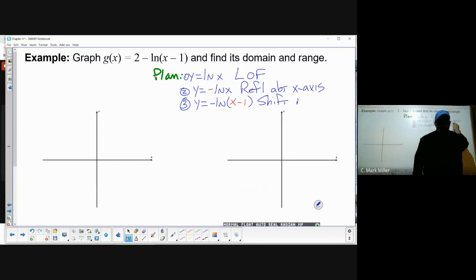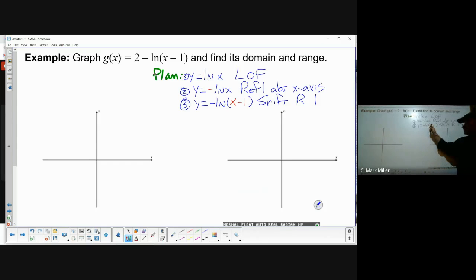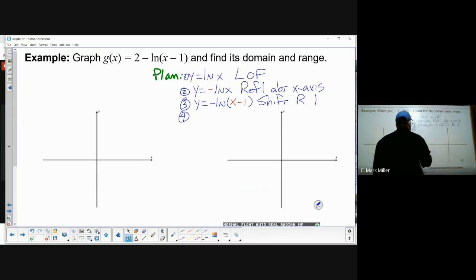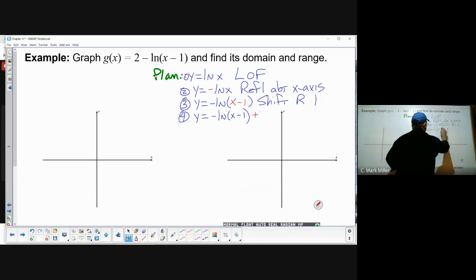Shift right 1. X minus 1 is a substitution. And substitutions are going to be horizontal and are counterintuitive. So it's a minus, and it shifts in the positive direction. Counterintuitive. Now that 2, I'm going to add 2.